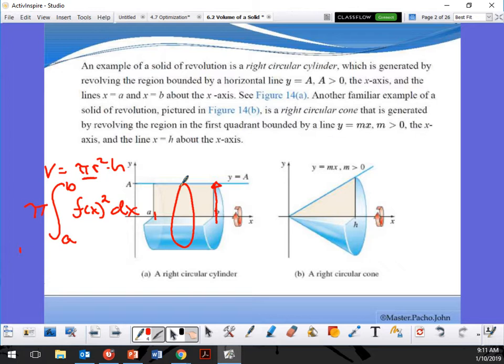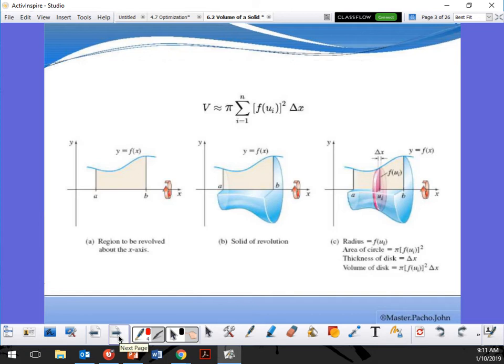So whatever my function is, that's where I get that from. The cone comes out to be exactly the same thing, but my function is, again, just whatever my radius is. Here's another one where it's some type of wavy thing.